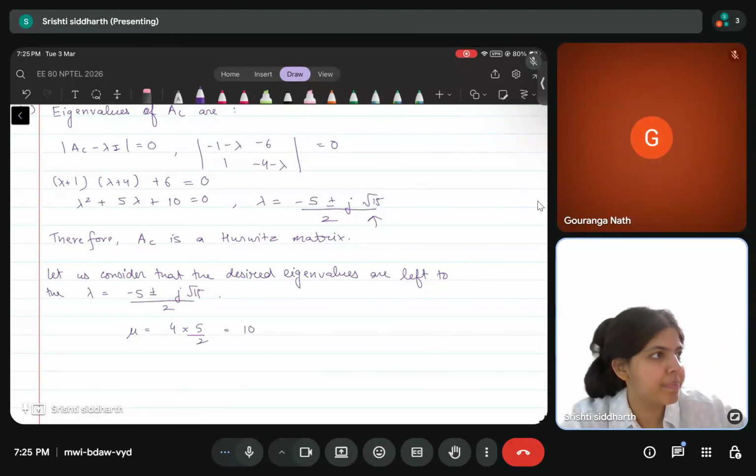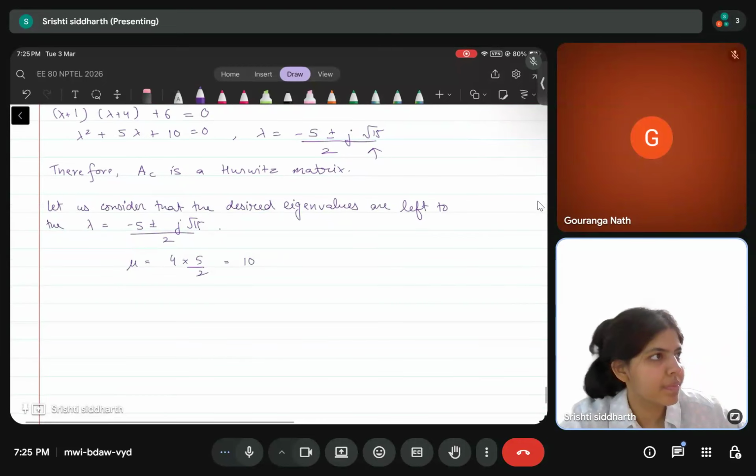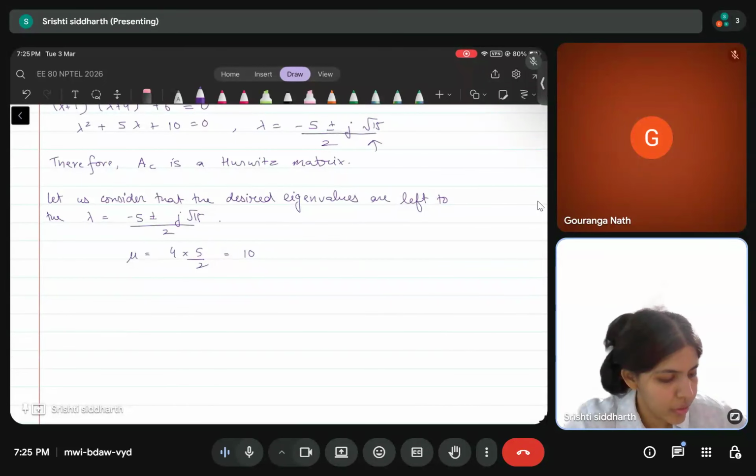This is 10. Or what you can do is just place the eigenvalues and then compare.